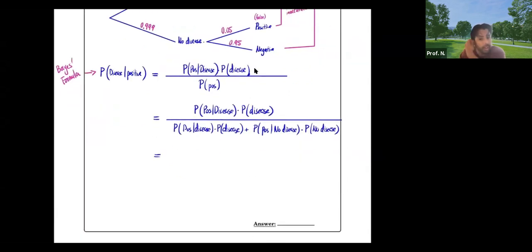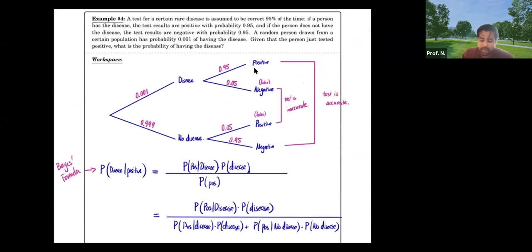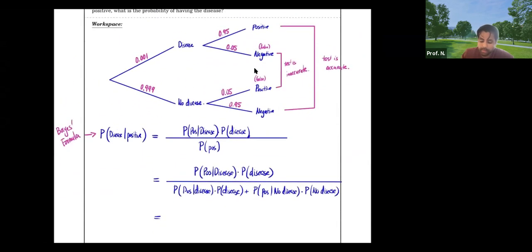So what's the probability of me having a positive result due to a disease? 0.95. And I multiply that by 0.001.